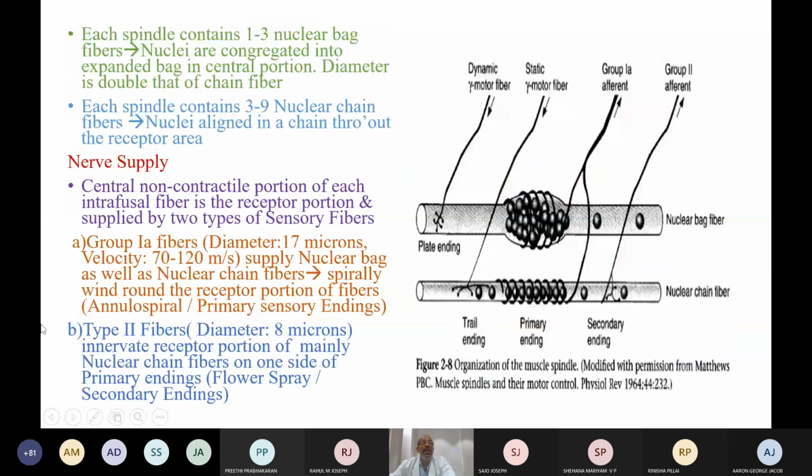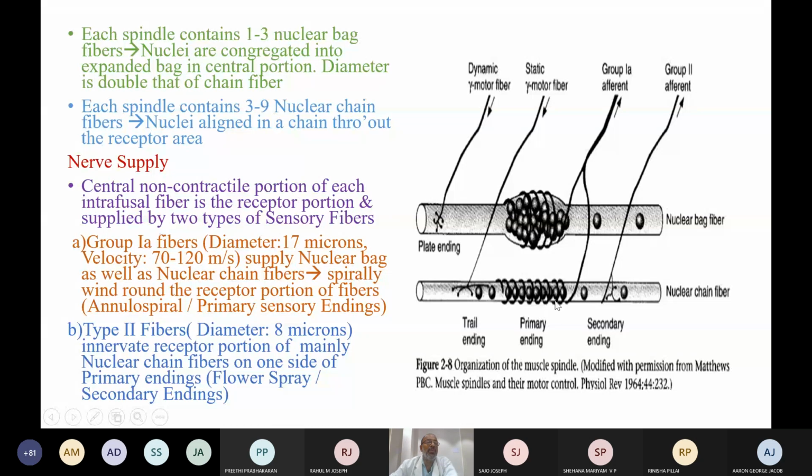Each spindle contains 1 to 3 nuclear bag fibers. Nuclei are congregated into an expanded bag in the central portion, and the diameter is double that of the chain fiber.